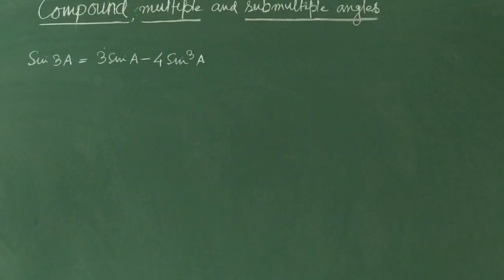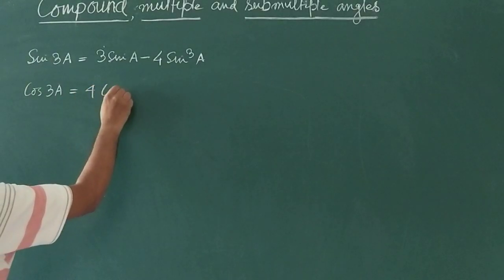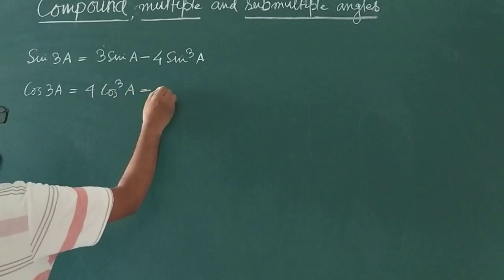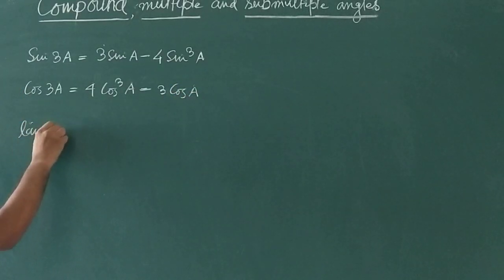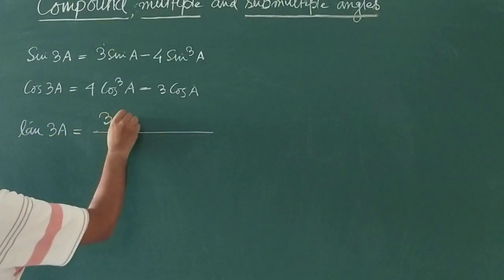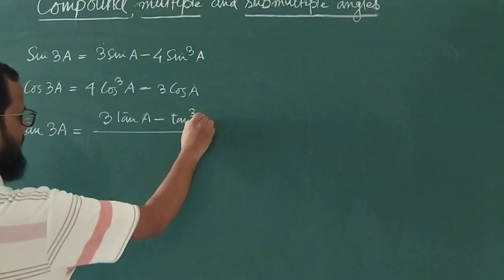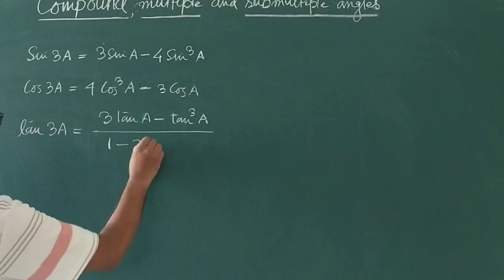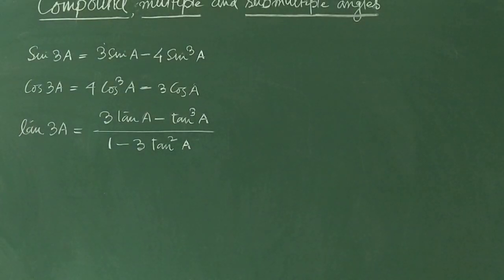This is sin 3a, and cos 3a is equal to 4 cos cube a minus 3 cos a, and tan 3a equal to 3 tan a minus tan cube a divided by 1 minus 3 tan square a. These are the three results. So I am going to prove them, okay. Among these I will prove one, and then I will prove this one, okay.